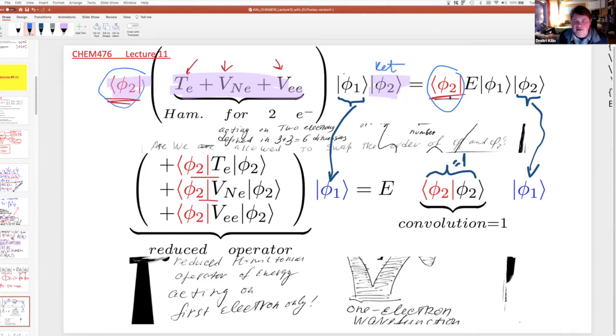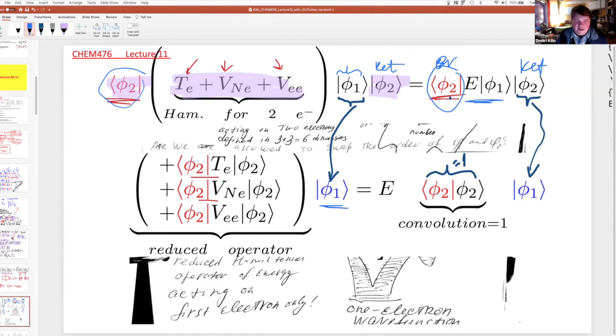There is a ket number 1, and this ket number 1 will be our unknown function for which we need to set up an equation. Then we do the same for the right part. So this bra and this ket for number 2 meet each other and make 1, and then we have a one-electron equation for orbital phi 1.